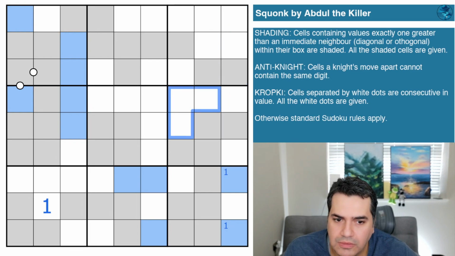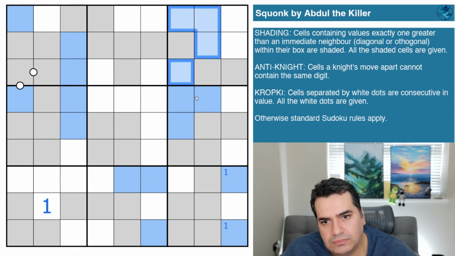I'm going to follow this path a little bit more. See, it's tempting to say that won't be allowed, but this could be a 1, this could be a 1.